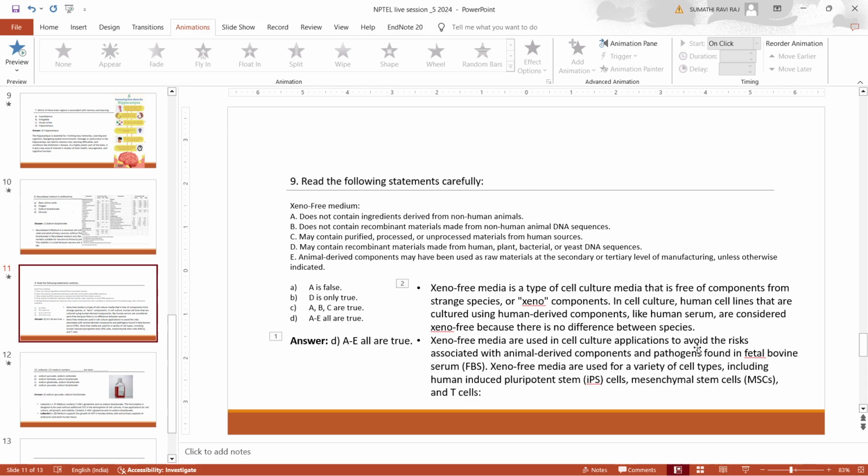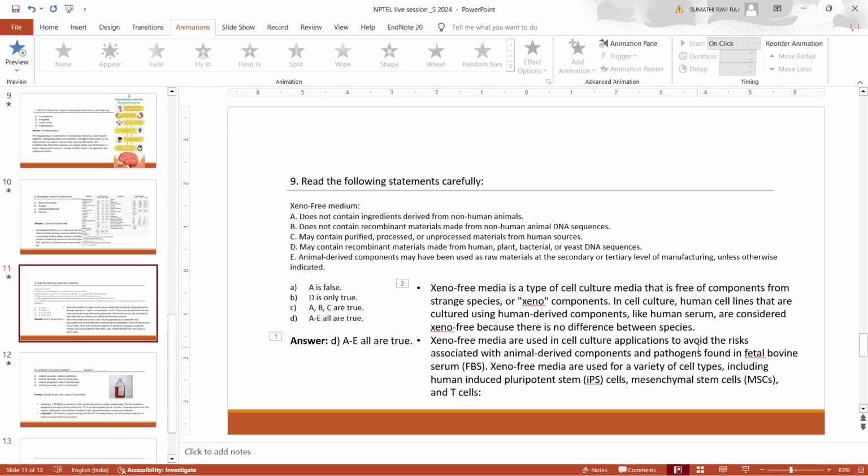So the main components of this: it should not contain ingredients derived from non-human animals. It should not contain recombinant materials made from non-human animal DNA sequences. It may contain purified, processed, or unprocessed material from human sources.